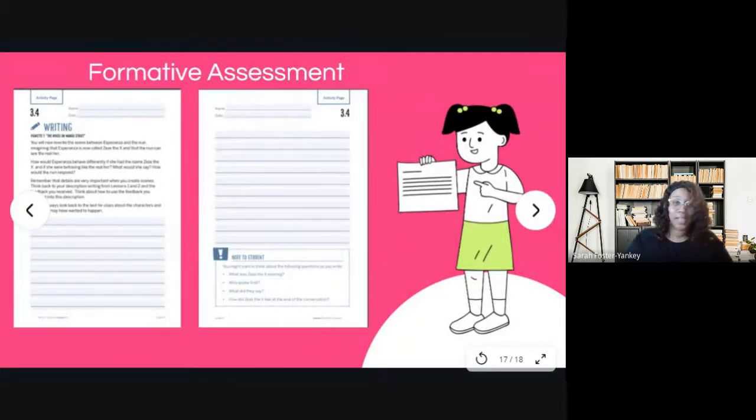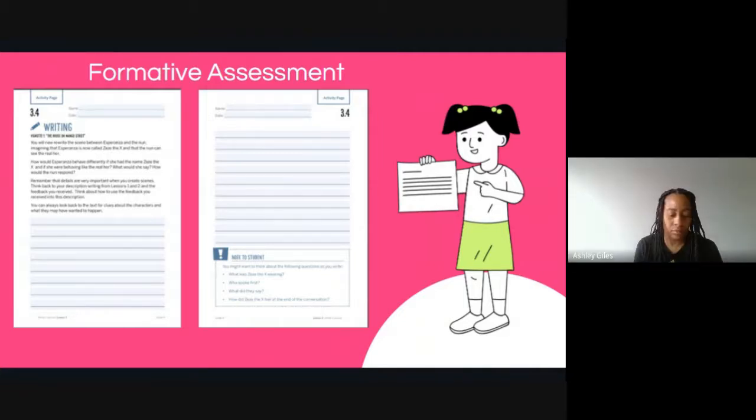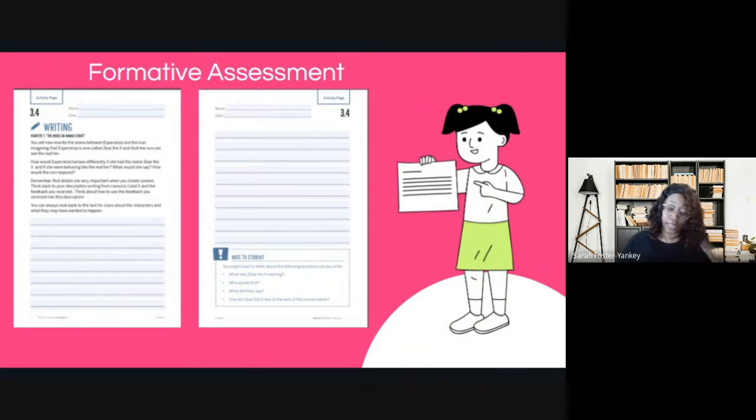So basically students are going to be rewriting the Esperanza nun scene as if Esperanza were ZZ the X. Okay, so she's telling exactly the same scene, but instead of Esperanza, now she's ZZ the X. So they're going to go back and look at the text for clues about ZZ the X and what she may have wanted to happen. Really remembering to look for those details.